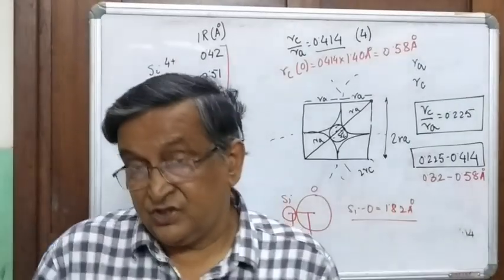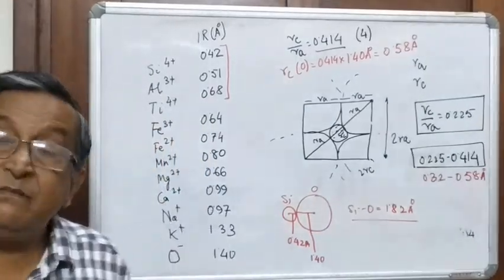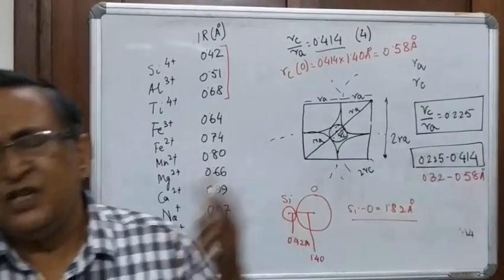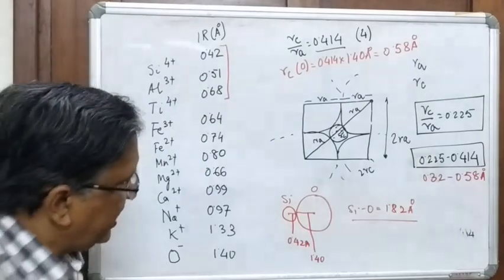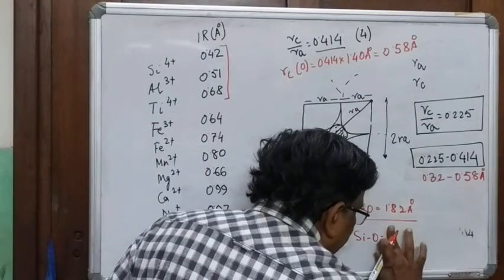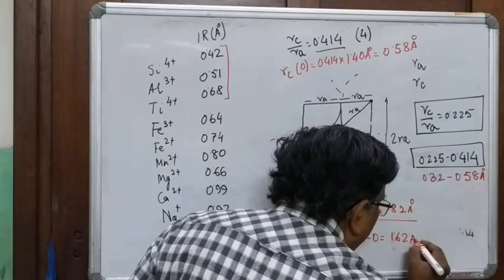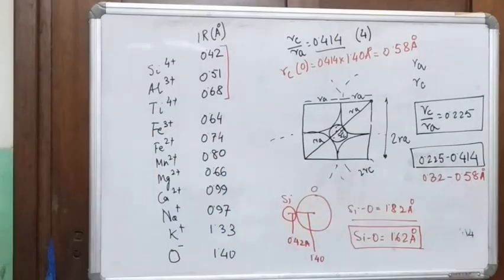But what happens? The silicon-oxygen bond length has been experimentally determined in many silicate crystal systems. And it has been found that the silicon-oxygen bond length is very close to 1.62 angstroms. What does this mean?